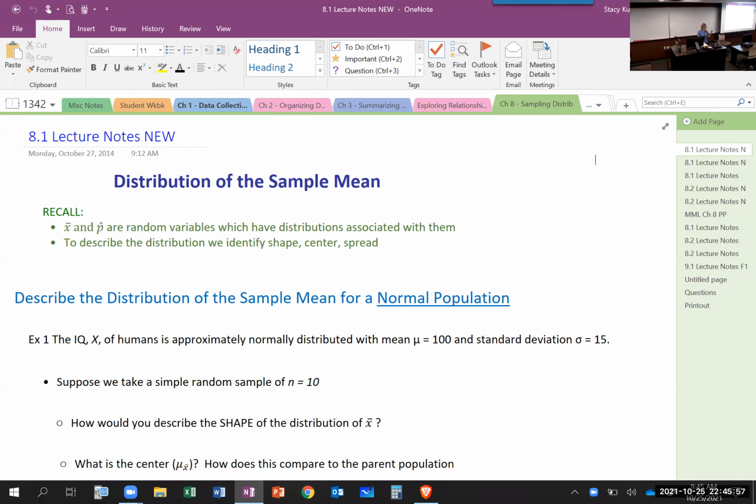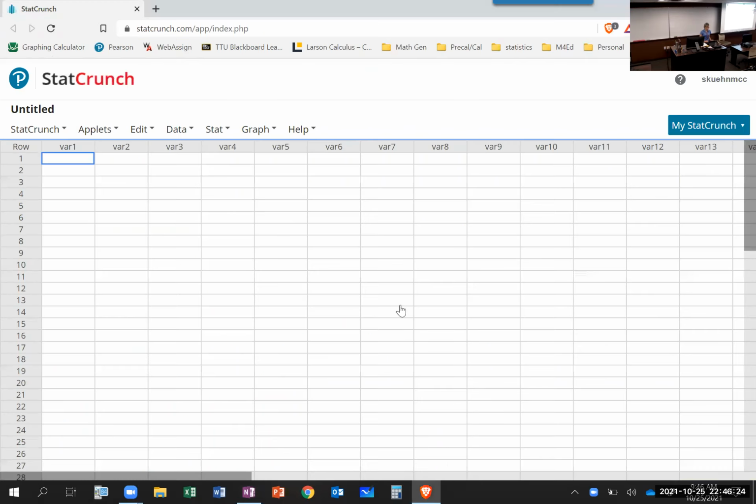Mu, no mu sub x, no mu sub anything. It's just mu is equal to 100 and sigma, the little o right there, is equal to 15. Those two variables are reserved for population data. So if that's in there, you can safely assume that this information is talking about what we know about a population, okay? All right, so let's go into StatCrunch.